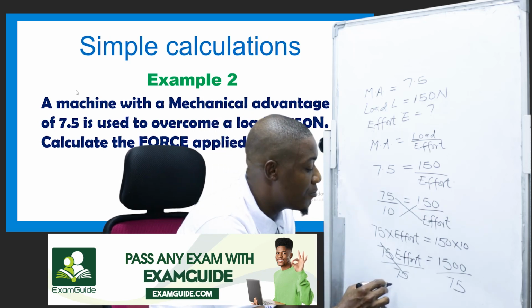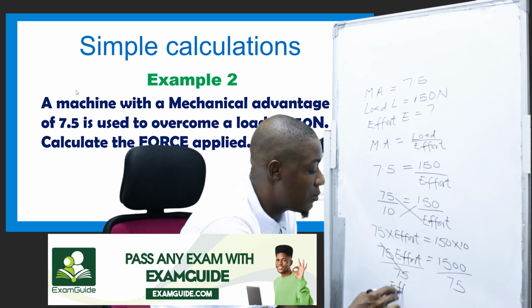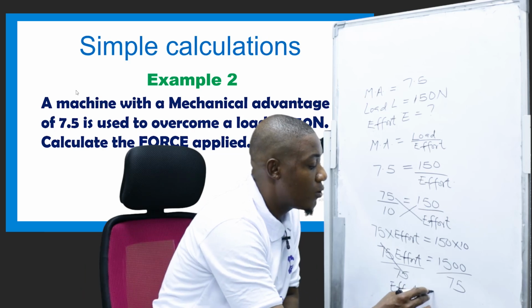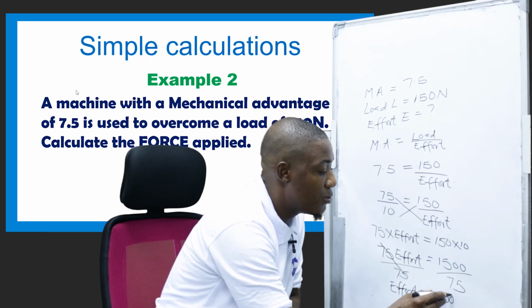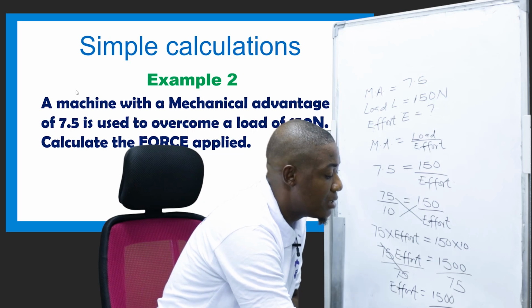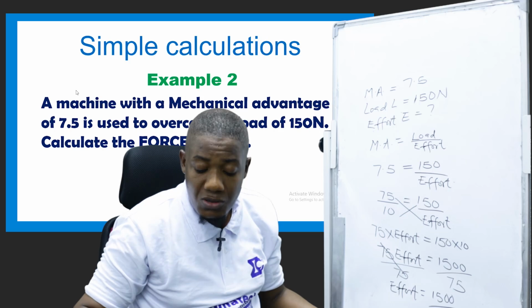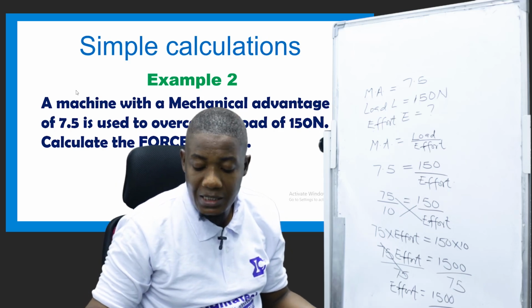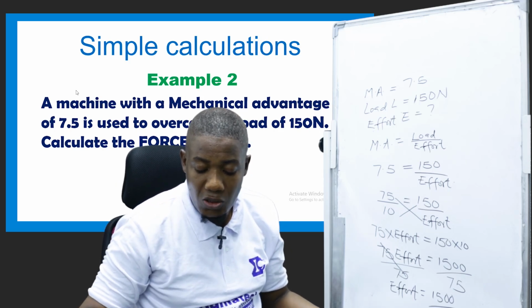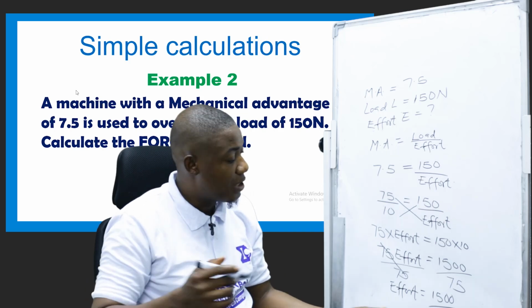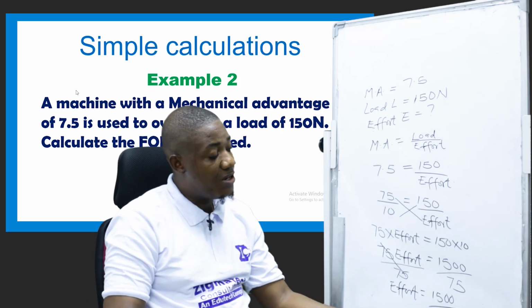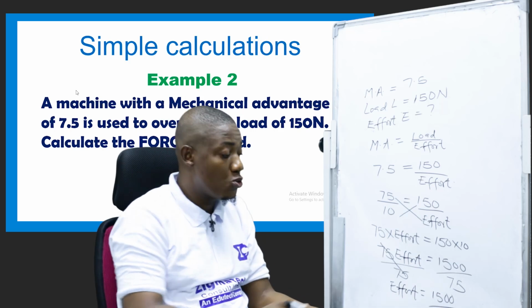Okay, so we have that effort is equal to 1500 all over 75. You know that 1500 over 75, we can have it done with ease. You know that 75 into 150 is 2.